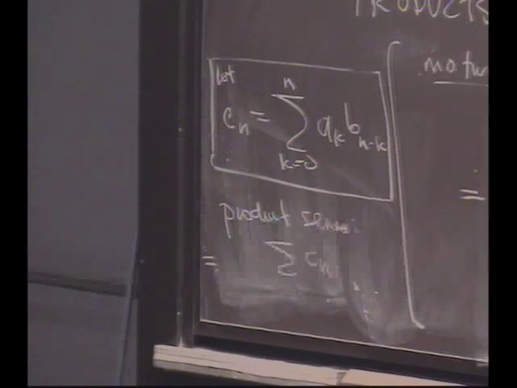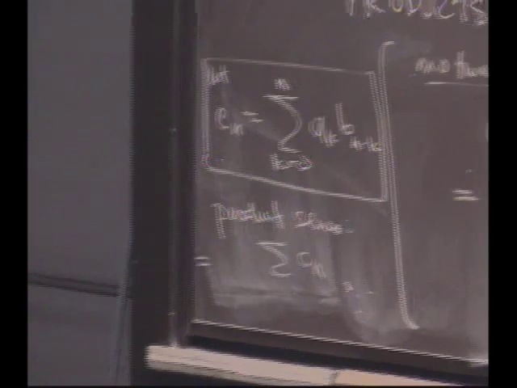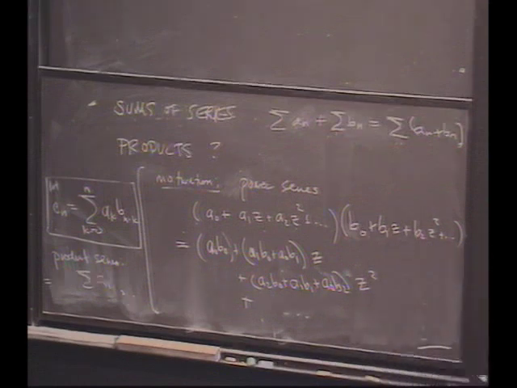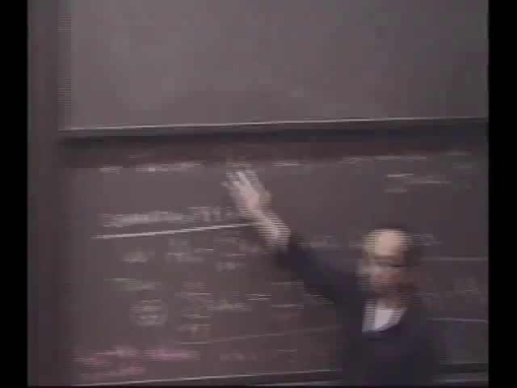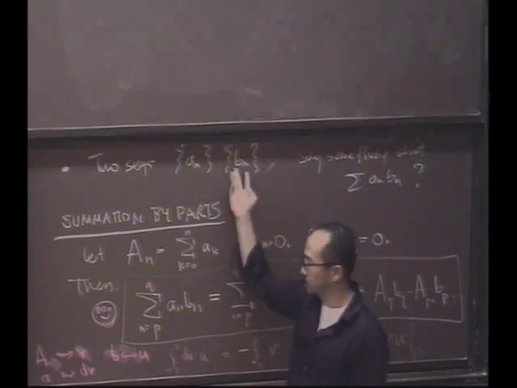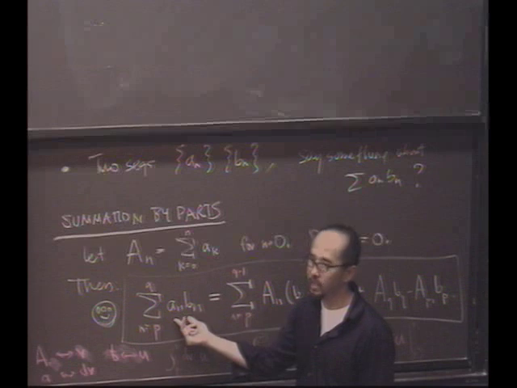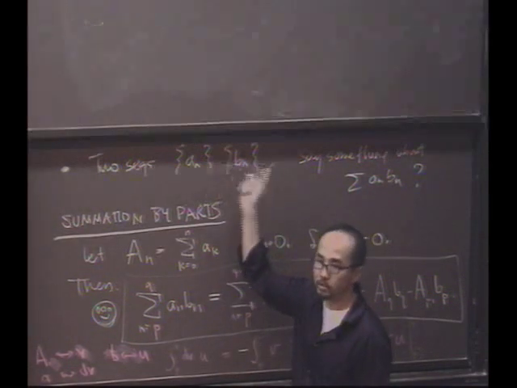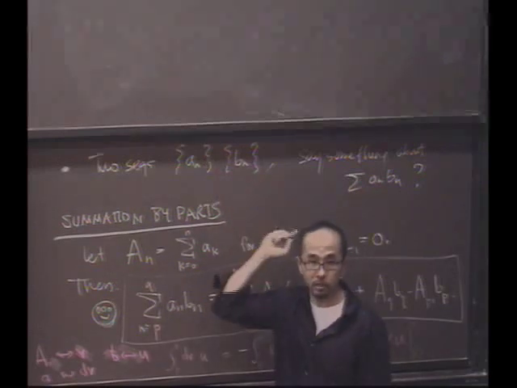Now, here's the other thing. The reason this is a product series and not the thing you might think of, a_n b_n: if you have a series, sum of a_n, that converges to big A, and sum of b_n that converges to big B, the series sum of a_n b_n won't converge to big A times big B. It won't converge to the product of the things these converge to.